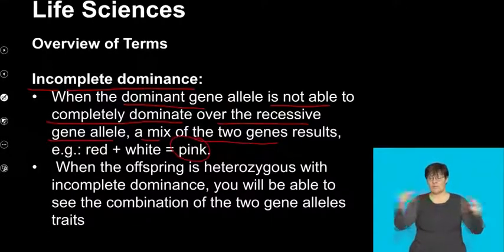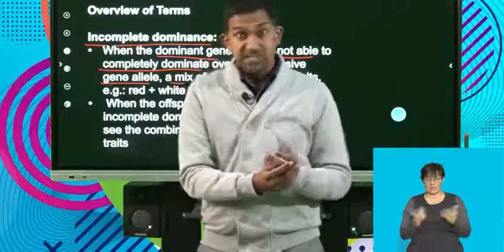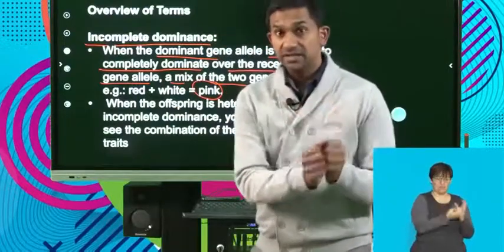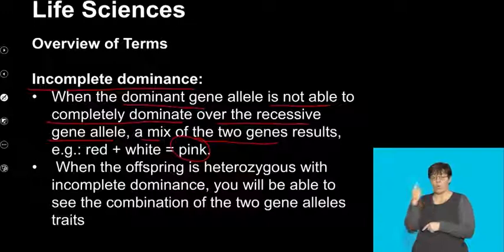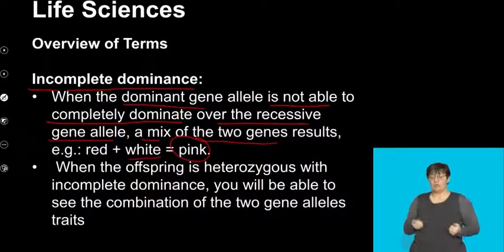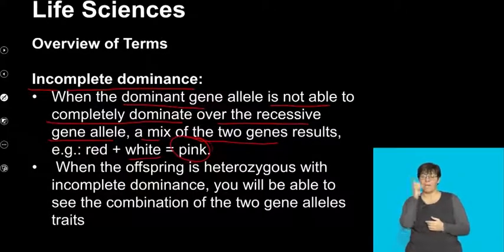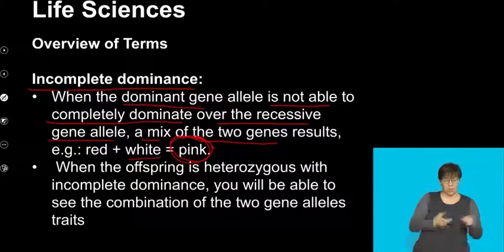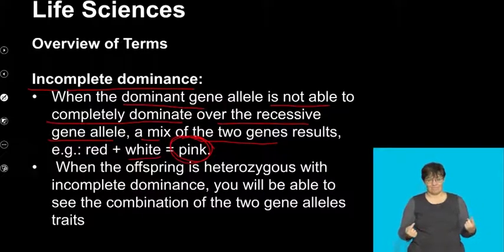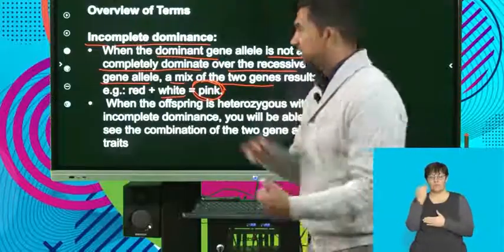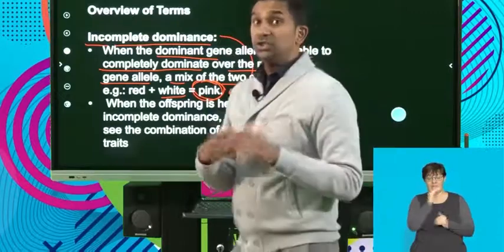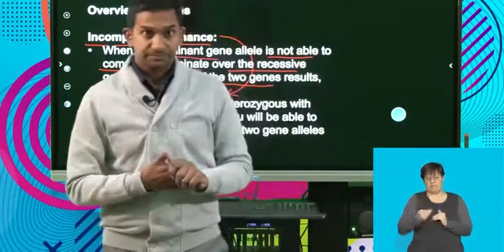The example that we often refer to is in certain species of plants, when a plant that is homozygous red is crossed with a plant that is homozygous white, they produce an offspring that is pink. And pink means now we have an incomplete dominance of red over white, which results in a new phenotype. So remember that in incomplete dominance, you end up with a new phenotype in the offspring.